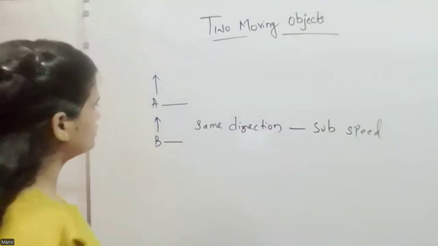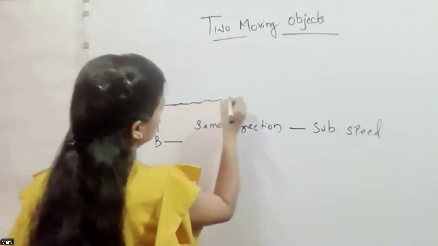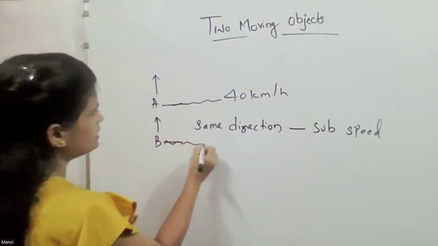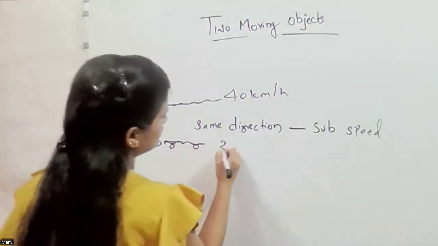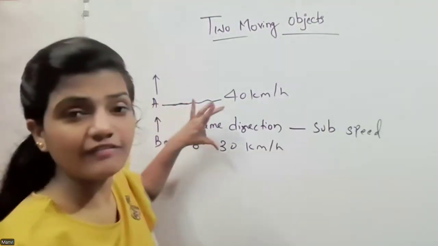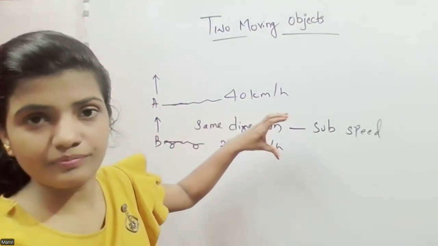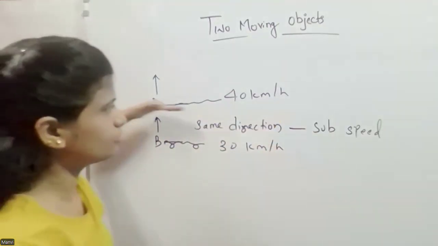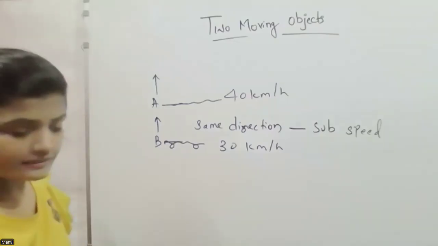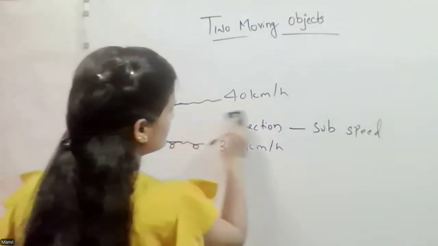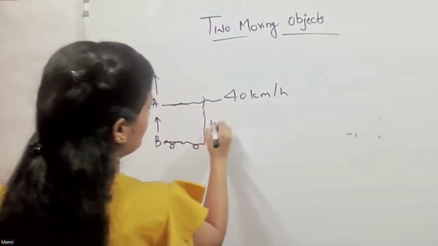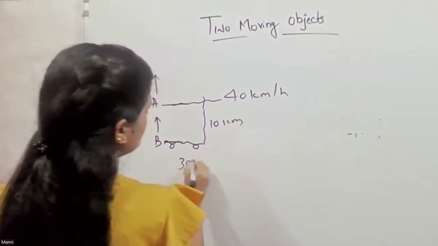This train A moves at 40 km per hour, this train B moves at 30 km per hour, and they both travel in the same direction. Train A goes this side and train B also goes that side. Do you agree that train A is just 10 kilometers per hour faster than train B?